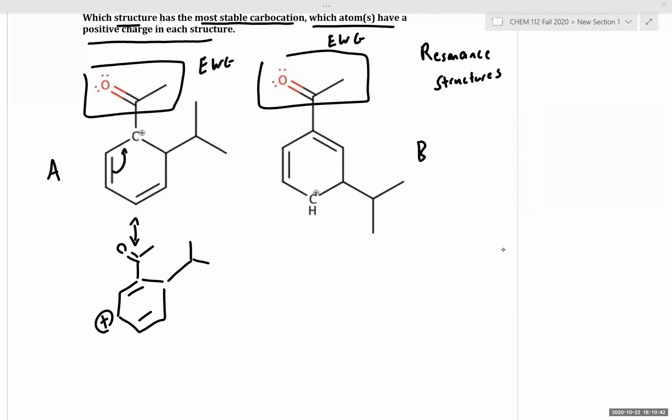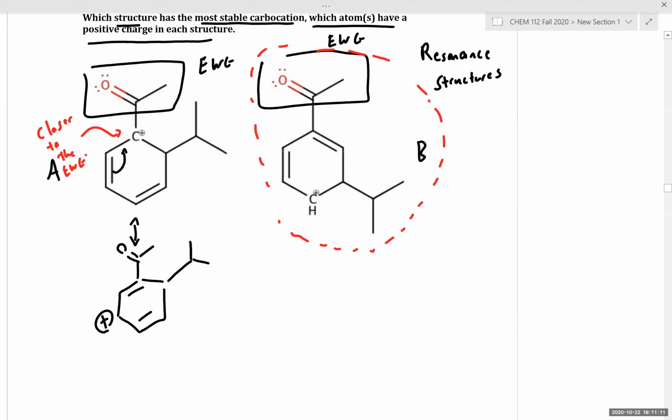So we have a student noting in the chat that they think that B is the more stable carbocation. We have a proposal that B is the more stable carbocation. And their reasoning is that in A, the carbocation is closer to the electron withdrawing group.